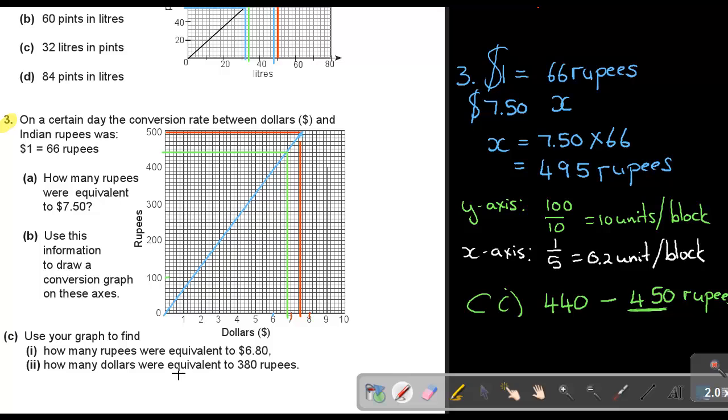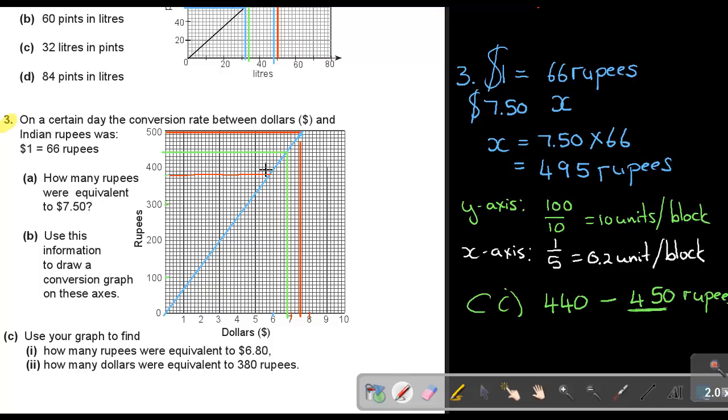Now, how many dollars were equivalent to 380 rupees? So it's 10, 20. Now let's look at the scales again. That's a bit more unclear on this PDF. So there's 300, so it's 10, 20, 30, 40, 50, 60, 70, 80. Okay, and then again, just take your ruler and draw it.